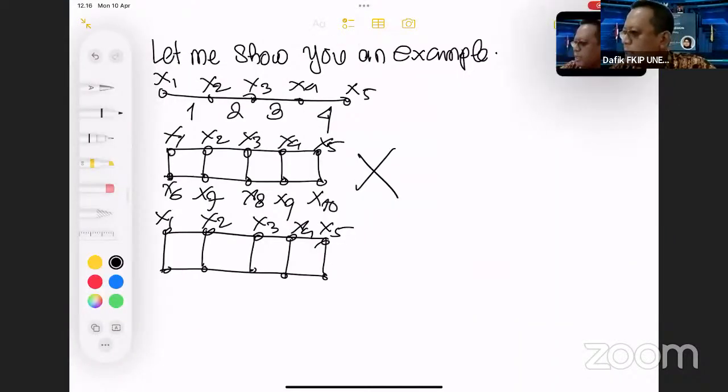Let me show you some things, step by step, of course.